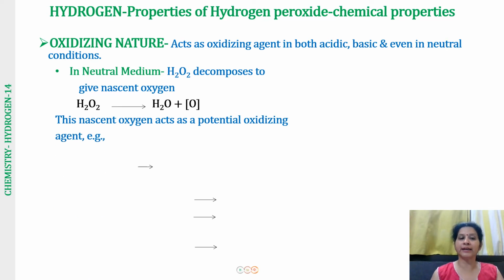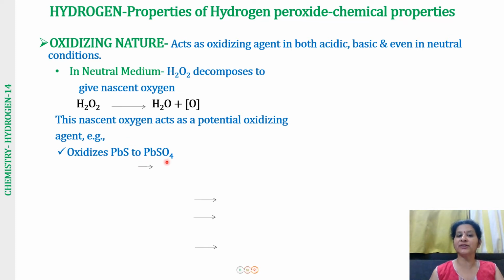Alright. So for example, we have oxidation of lead sulfide to PbSO4. So here if you look at the oxidation number of sulfur in PbS, this will be -2, and in PbSO4 it will be +6. So I hope you all know how to calculate the oxidation number. So this is -2 to +6. Right?